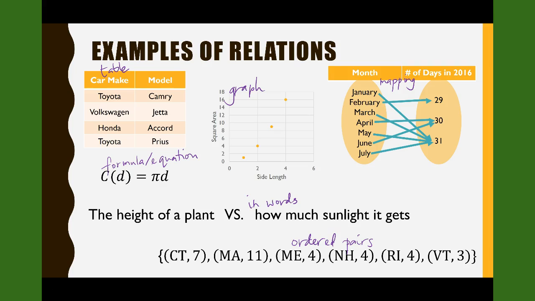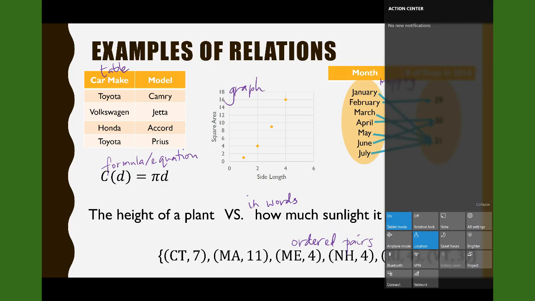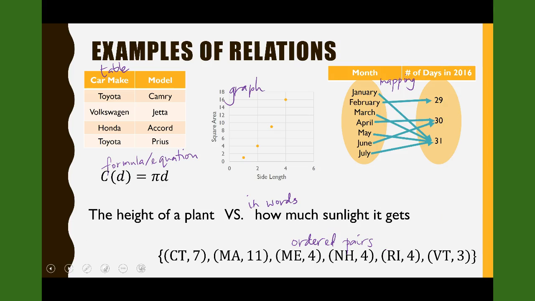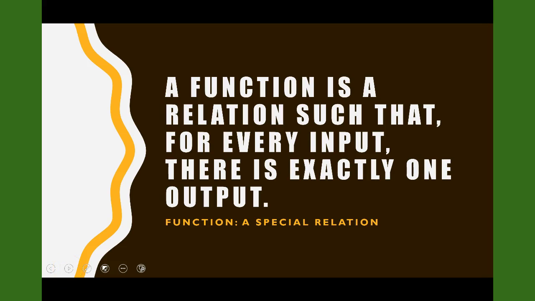Now, there's a special kind of relation, and we're going to see it through a vending machine, which is what we call a function. So a function is a relation such that for every input, there's exactly one output. Okay, a function is a relation, but it's a special relation.